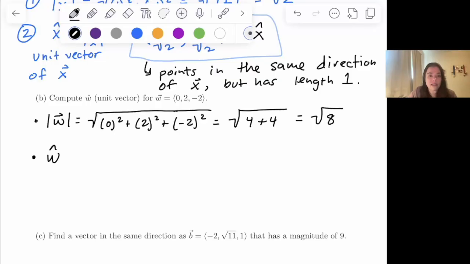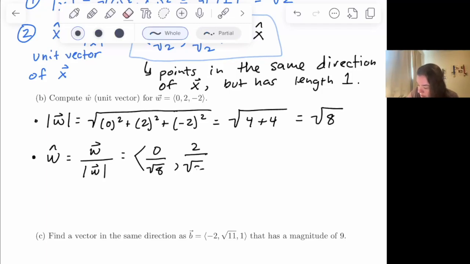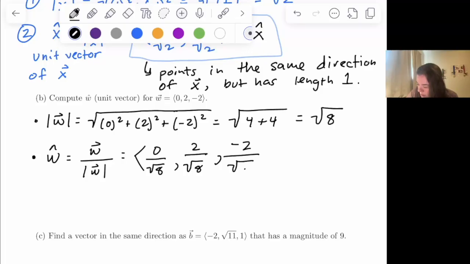Then follow your process to find w hat. Remember, this is found by taking the original w and dividing everything by its magnitude. So I take the first component, divide by its magnitude, the second component, divide by its magnitude, and the third component. My brain doesn't want to keep up with my pen, but I think I got it. There it is here.